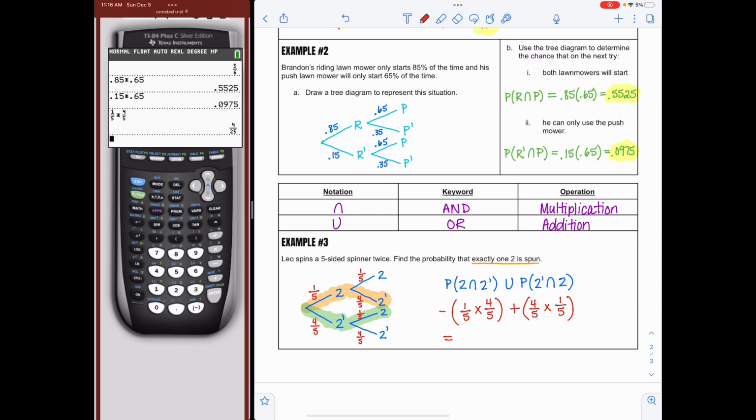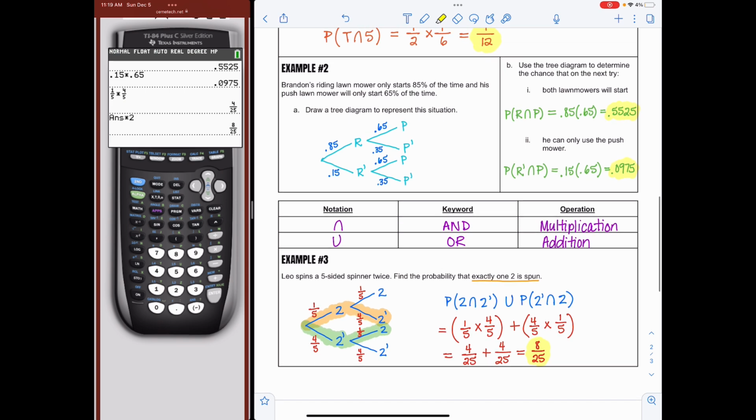So if I have 4 over 25, then that means I'm going to add it to another 4 over 25 because I'm multiplying the same thing just in reverse order, which is going to end up giving me a total of 8 over 25. So that will be the probability that both of those will happen, or the fact that I will only spin one 2. So if you have any questions, please let me or your teacher know, and you have a great day.